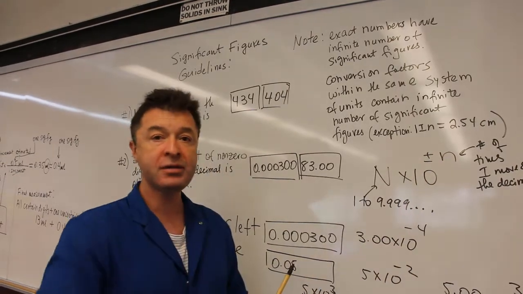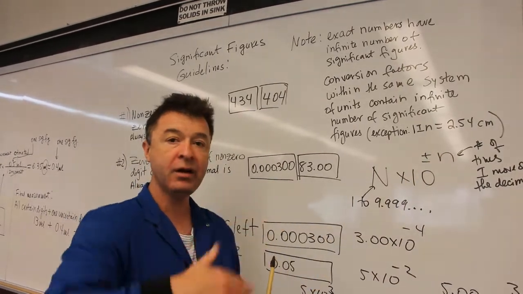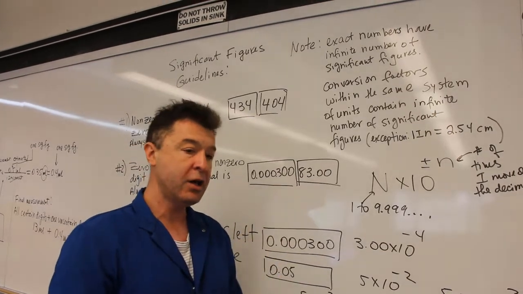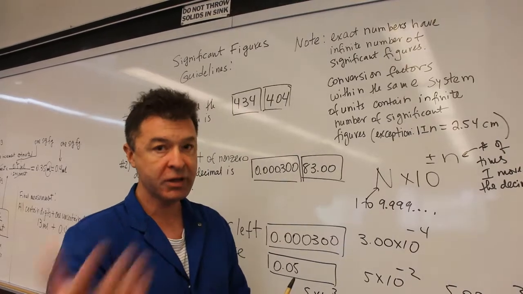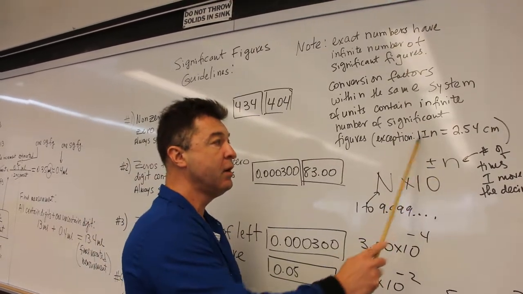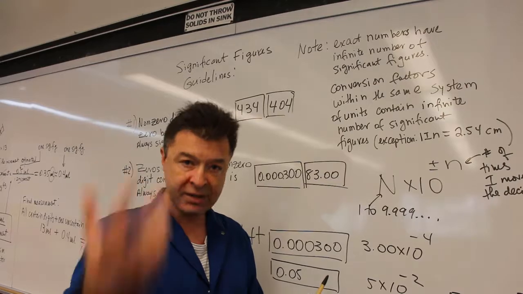Don't worry about this being a limiting factor during the calculation to determine the final answer in terms of significant figures, because both of these numbers are considered exact numbers.